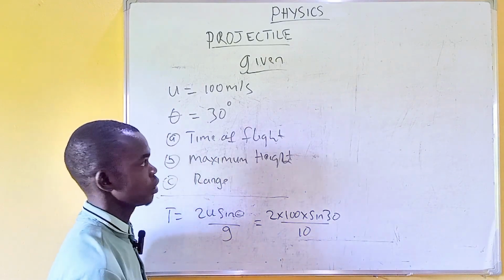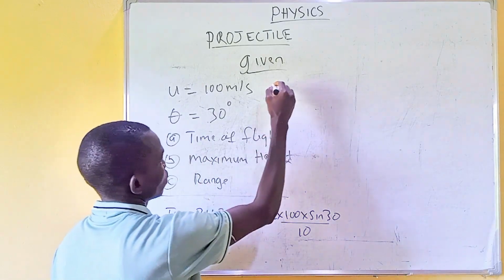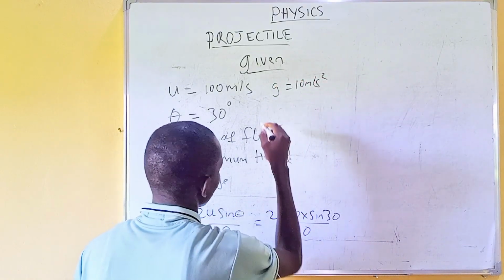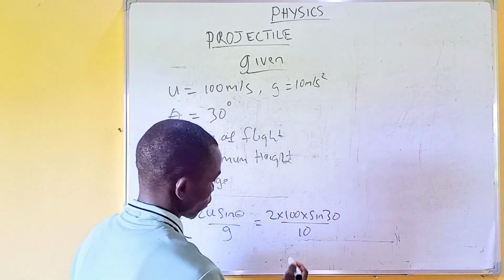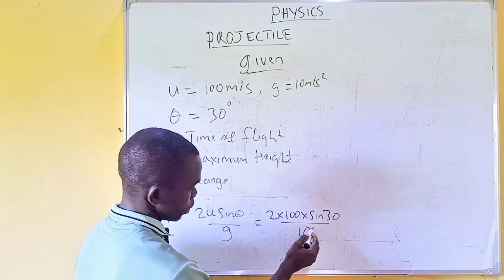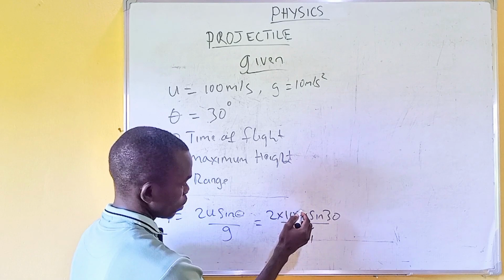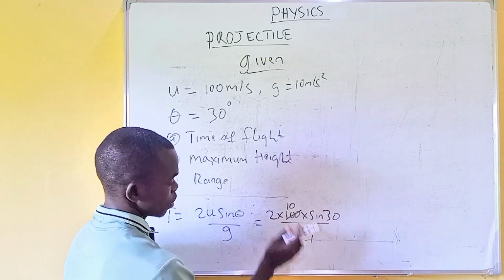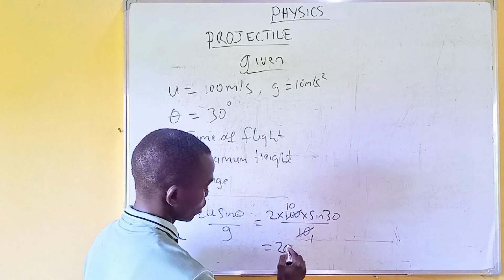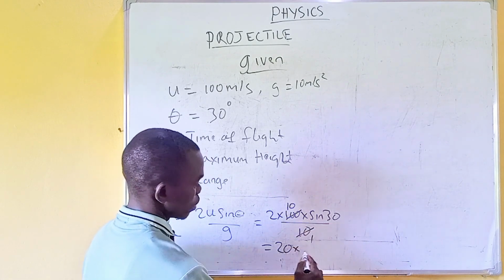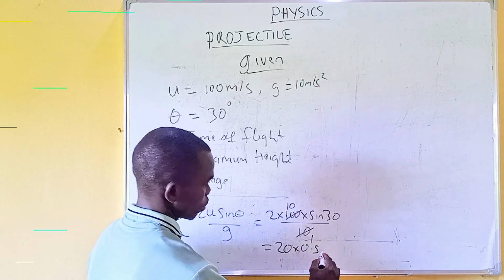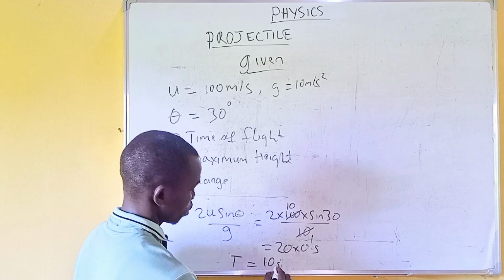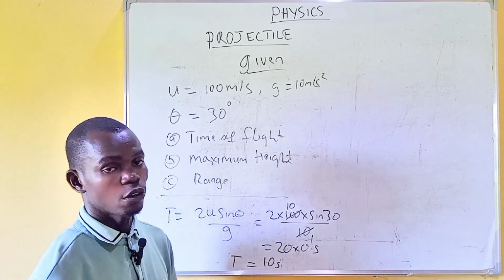We have to take g as 10 meters per second squared. So this will be 1. This divided here will now be 10. 2 times 10 will now be equal to 20 times sine 30, 0.5. So our time of flight will now be equal to 10 seconds. This is our time of flight.